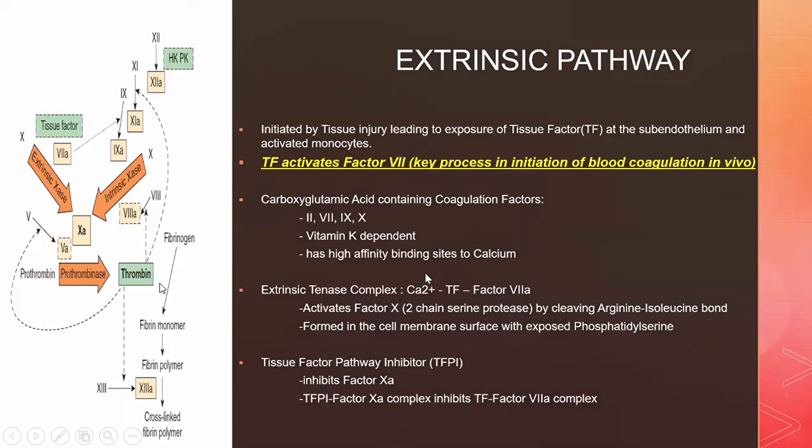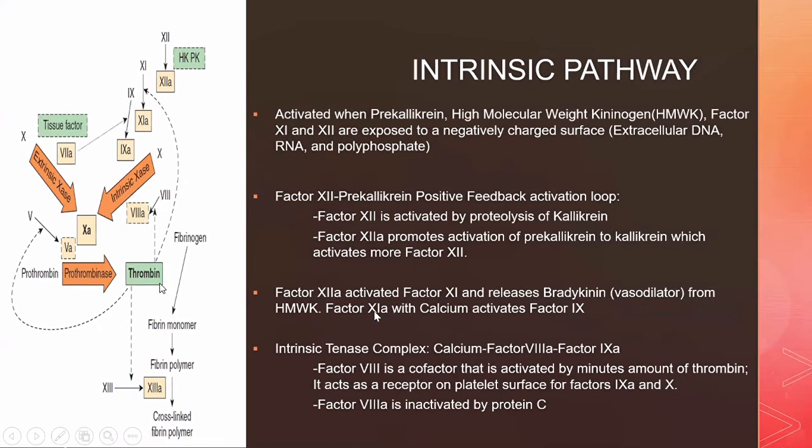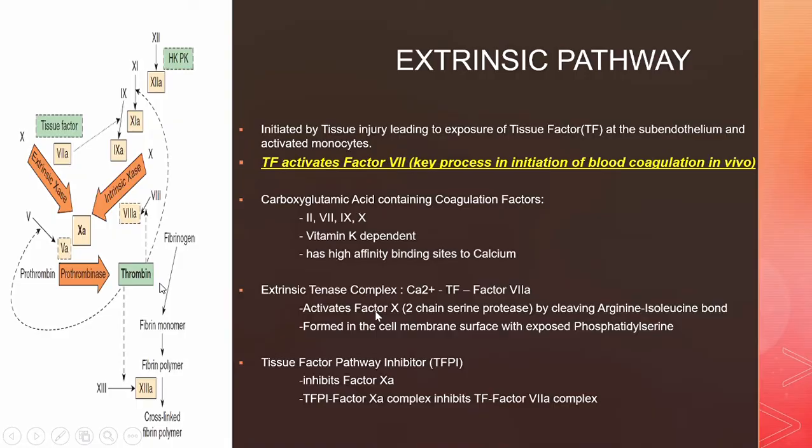This extrinsic kinase complex will activate your factor 10 by cleaving, please take note, the arginine-isoleucine bond. Highly specific, because we're doing biochem. And it all happens on the phosphatidylserine surface of platelets.